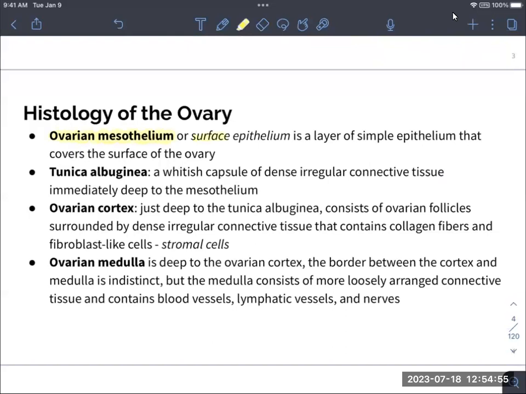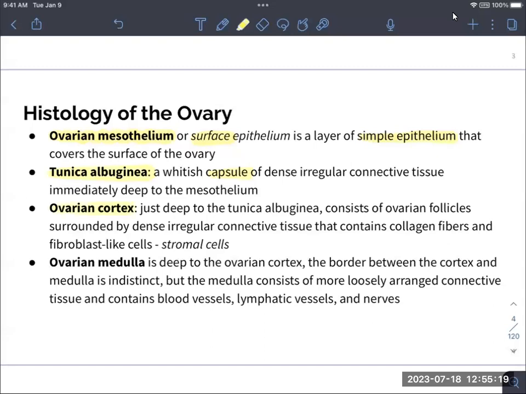This is that surface. It's simple epithelium, and it's going to cover the entire surface of this ovary. We have the tunica albuginea. It's a capsule. This one's connective tissue, and it lies underneath this mesothelium.